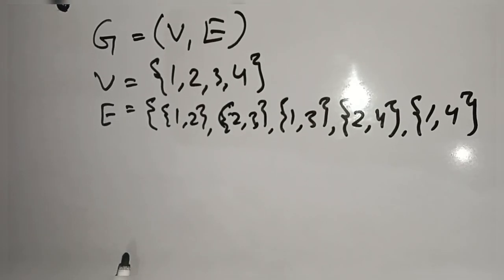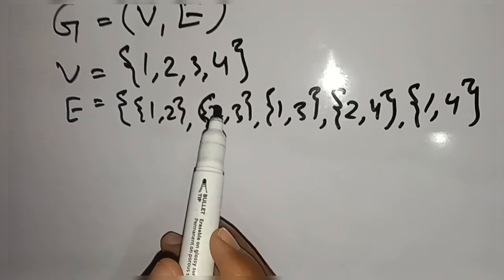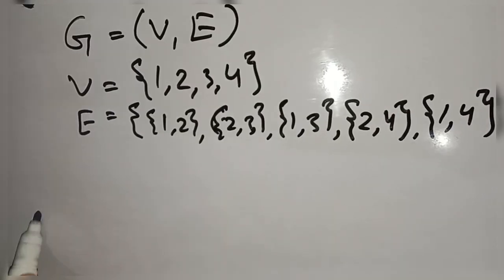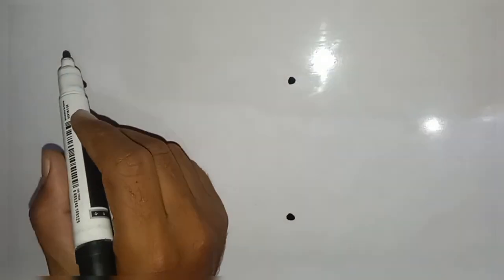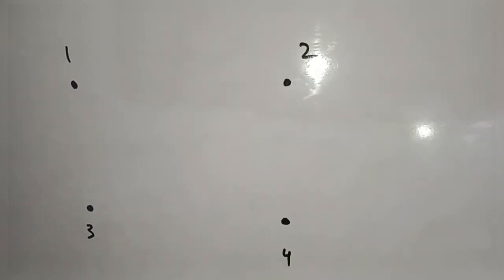For example, there are 4 nodes. I'll consider this node 1, this node 2, this node 3, and this node 4.